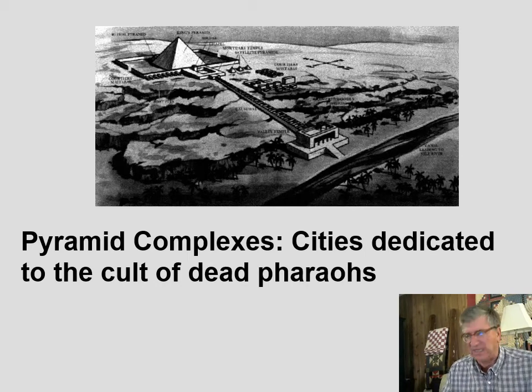And so a land would be allotted to it, just a small city or a village committed to the cult of his memory so that he could be a god and rise in the sky with the sun in the daytime and go into the afterworld in the evening and defeat evil spirits and protect the people of Egypt.